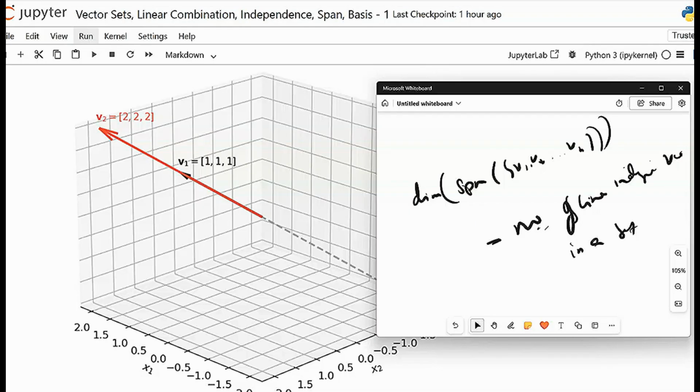And here I just want to give you a data science interpretation. Dear friends, in data science, we have a number of features. Let me say we have P features. If some features are an exact linear combination of others, the effective dimensionality of the data is less than P. This is called multicollinearity and it causes numerical instability in regression.